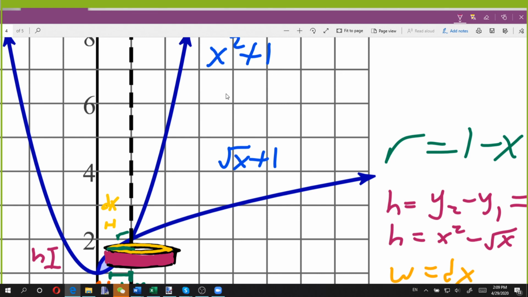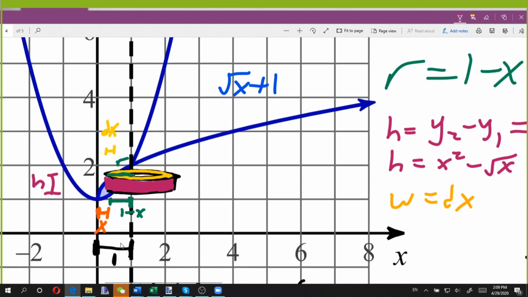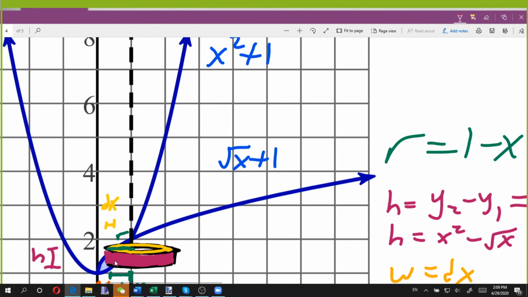If you're still not sure, go ahead and plug in a point. If I plug in, we'll say 1/2, you should get a larger decimal for this one than you will get for this one. So you'll get 5/4 for your lower one. You should get more than 5/4 for your upper one.